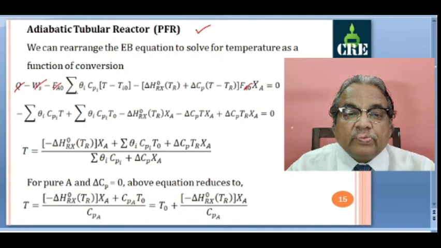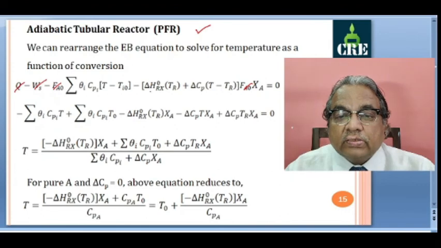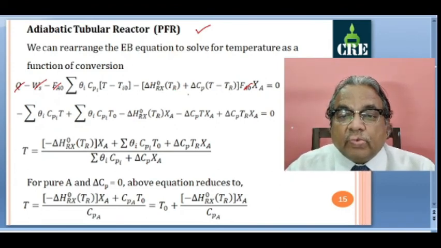So I have written this separately. Summation of theta I CPI into T with minus sign, minus minus plus, summation of theta I CPI T0 minus delta HRX TR into XA minus, this is plus, so minus T minus delta Cp T into XA minus minus plus delta Cp Tr into XA is equal to 0.